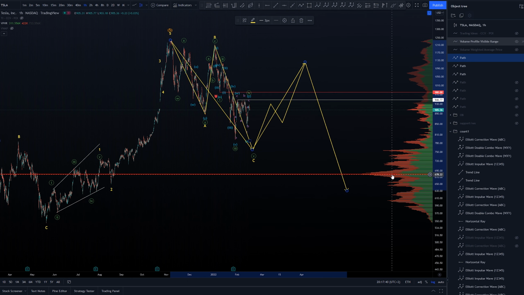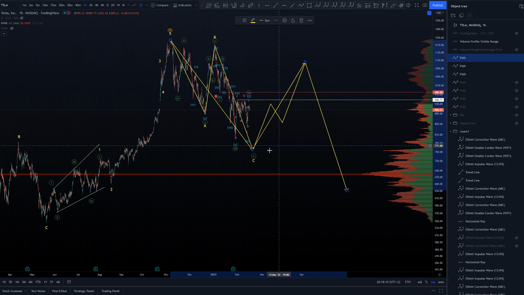And checking out the 1-to-1 that I've marked, it has a huge spike in the volume profile as well, which makes it a good target. This is probably one where I'm going to ladder in with a tight stop loss and collect my profits at these levels here.